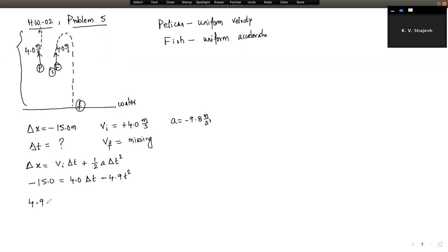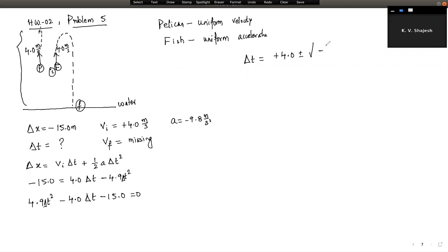So that's 4.9 t square minus 4.0 delta t. Oops, that's delta t. Delta t minus 15.0, that's equal to 0. What's the solution to this? So delta t is equal to minus b plus or minus the square root of b square minus 4ac, all divided by 2a.